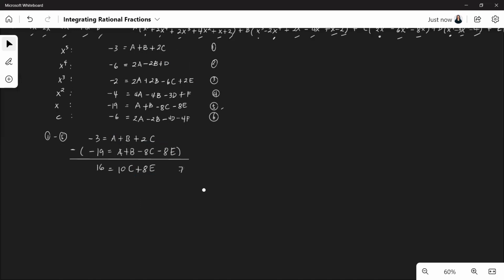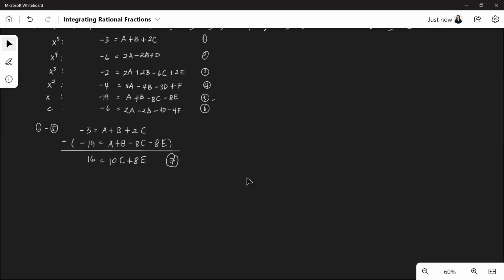So we'll use that later. So we need to form, look for terms with also C and E so that we can eliminate C and E, and we can use equation 3.